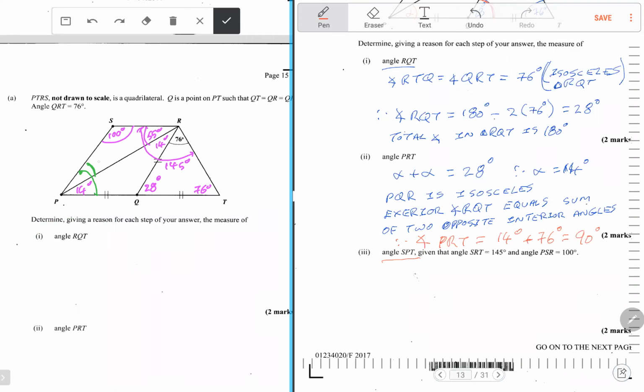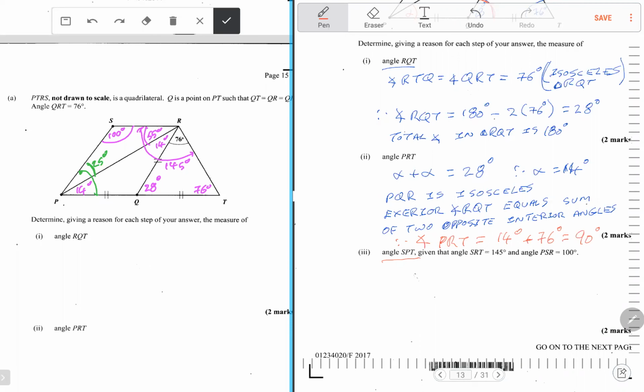So this angle inside is going to be 25 degrees right here. Total angle in triangle. And then the 25 plus the 14 is going to give us 39. That's the final answer.